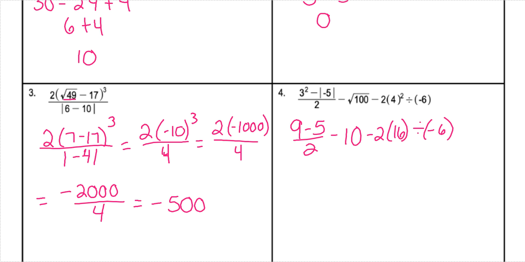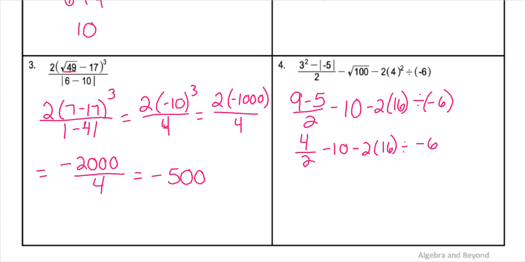So we've gotten rid of most of our grouping symbols. We just need to finish off this fraction. So we have 4 divided by 2 minus 10 minus 2 times 16, and then divided by negative 6. Okay. So now we need to be careful and work multiplication and division from left to right first. So I'm going to divide.